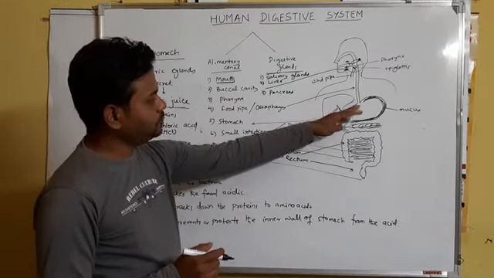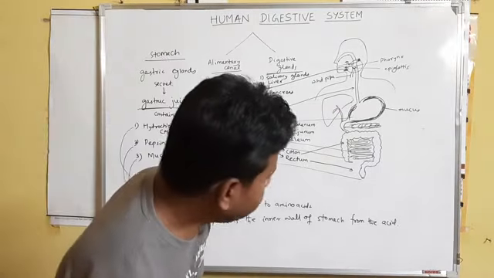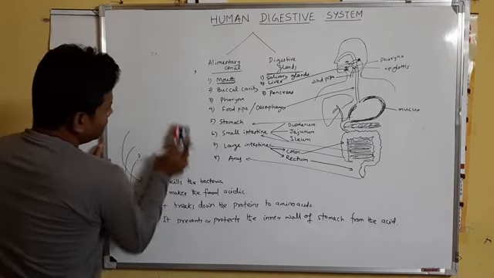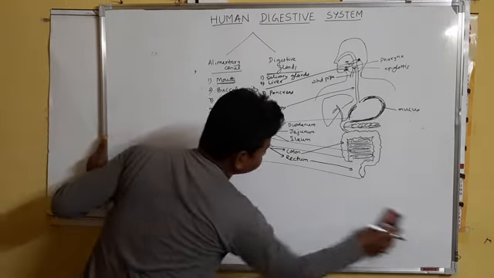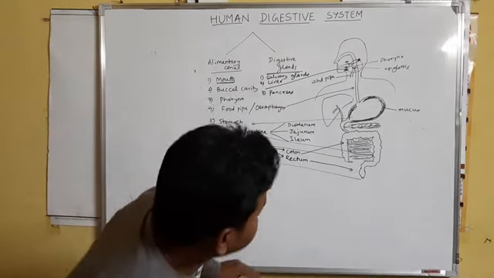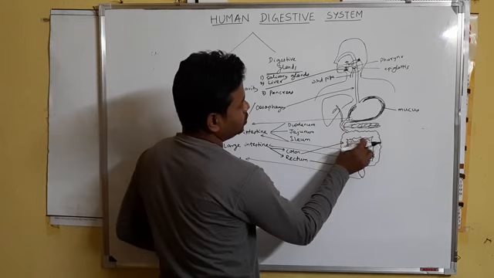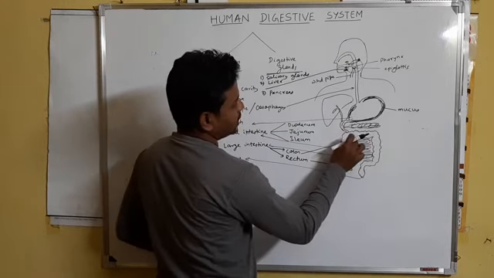Then we go to the next part, that is the small intestine. From the stomach, the food passes to the small intestine.